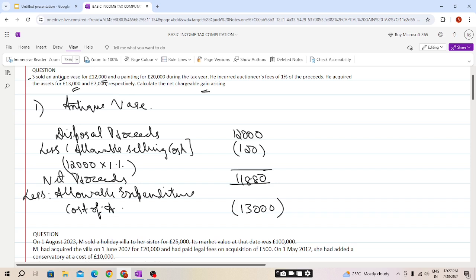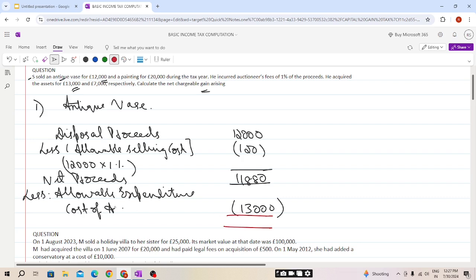So as it is 11,880 and we acquired at a cost of 13,000, this will be, students, 1,120 as a negative number. So this will be an allowable loss. I hope this is clear.